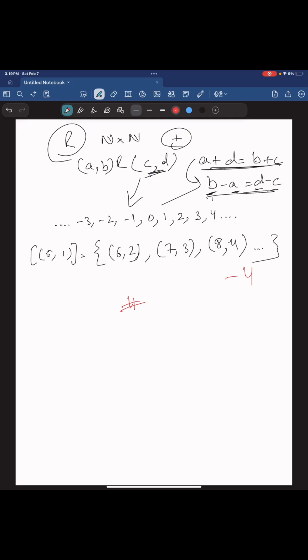We have another interesting example, or creation or application of this relation. Very interesting. So we constructed the set of integers from natural numbers using a relation.